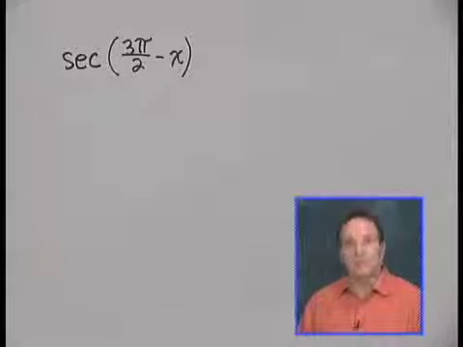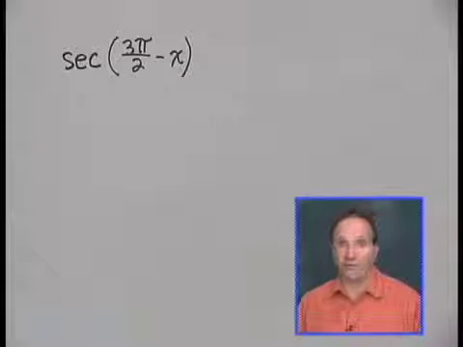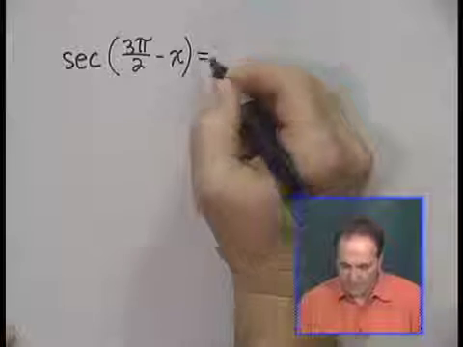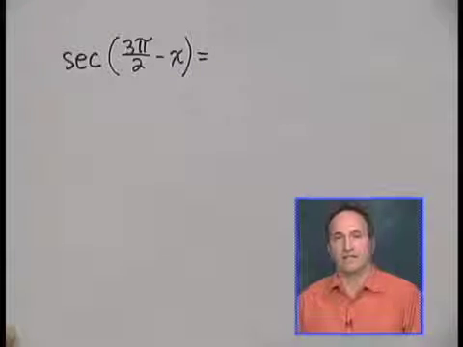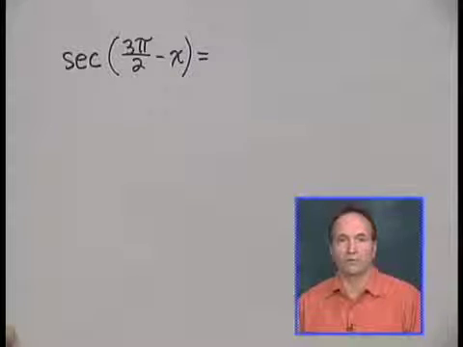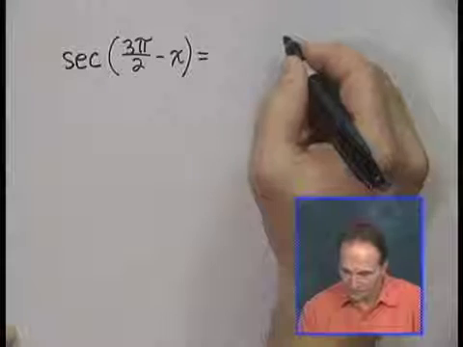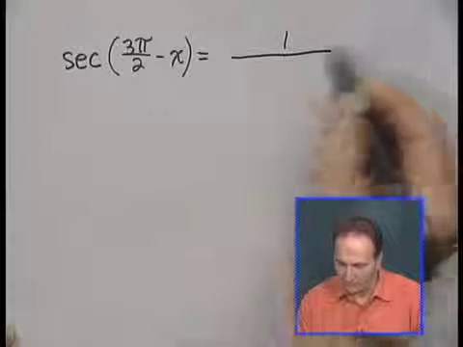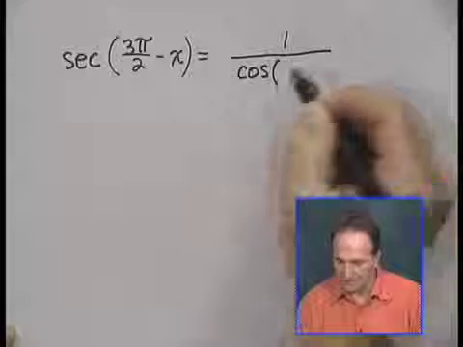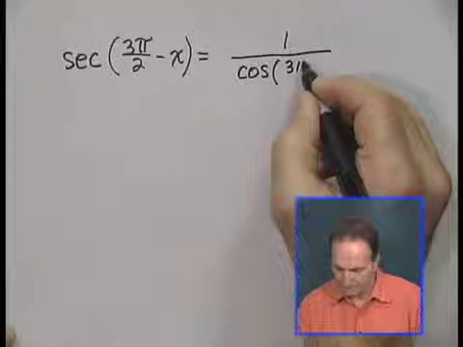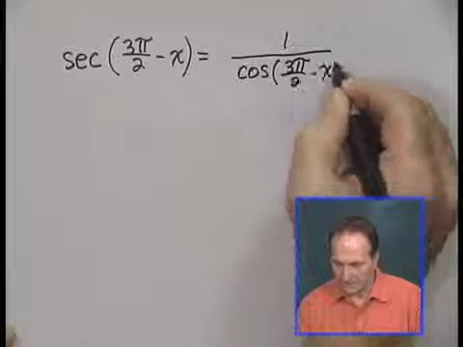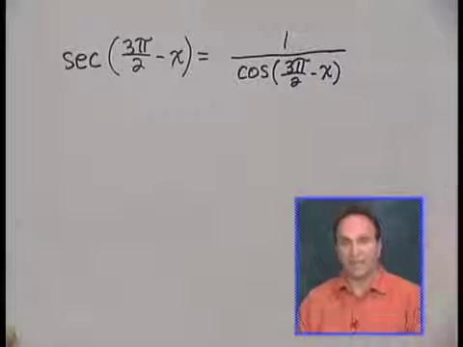So we begin by rewriting this in terms of cosine. So remember, secant of an angle is 1 over cosine of that angle. So this is going to be 1 over the cosine of 3 pi divided by 2 minus x.